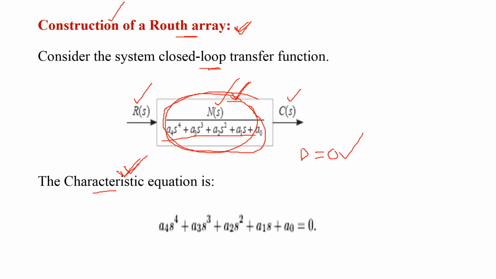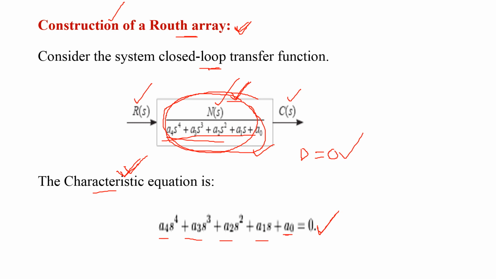By equating this to 0, we get one equation. That equation is the characteristic equation. Here from this transfer function, the characteristic equation is a4 s power 4 plus a3 s cube plus a2 s square plus a1 s plus a0 is equal to 0.